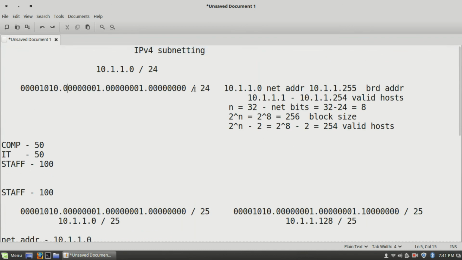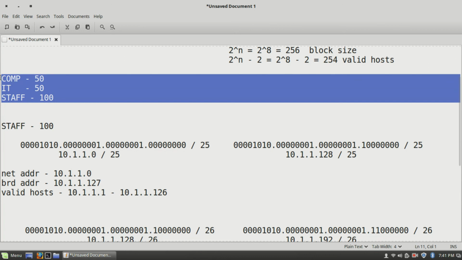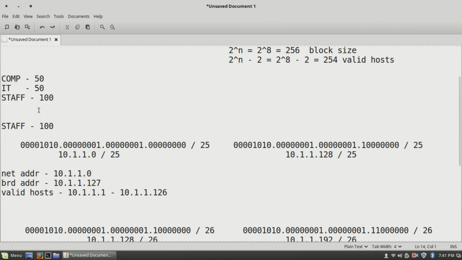So I hope this was informative. You have gotten some idea of what subnetting is. How do we create subnetworks? We go by the descending order of the requirement, the largest first, because you can see the logic.